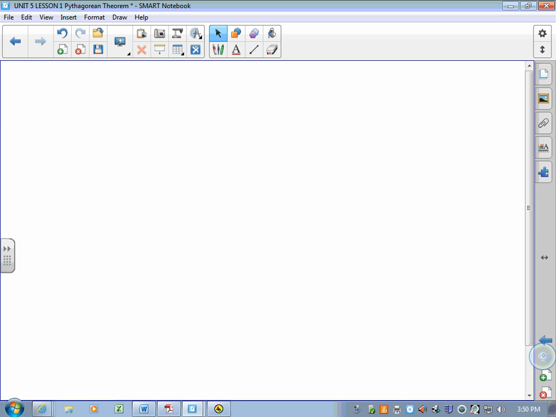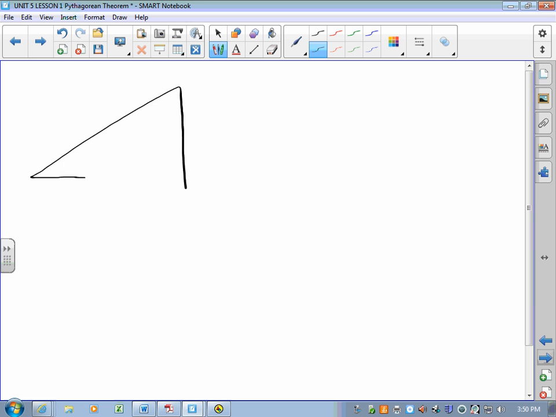And so that lets us find lengths of sides in a right triangle when two are known and one is unknown. So if I have a leg here and maybe that's got a length of 10 and a leg here and maybe that's got a length of 6 and I'm looking for the hypotenuse, I can say, ooh, this is a right triangle.